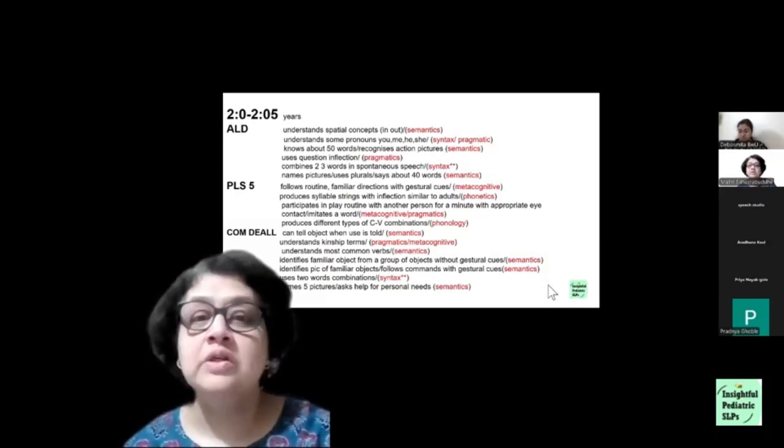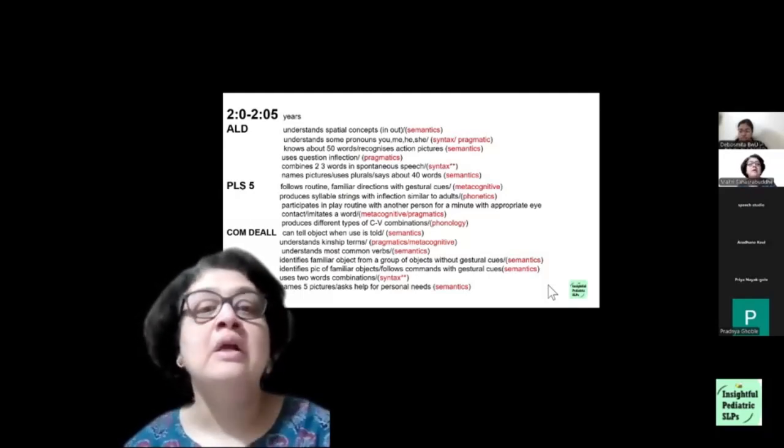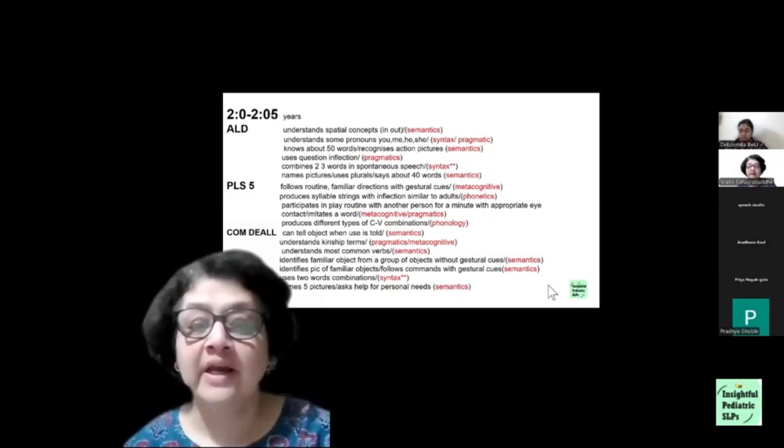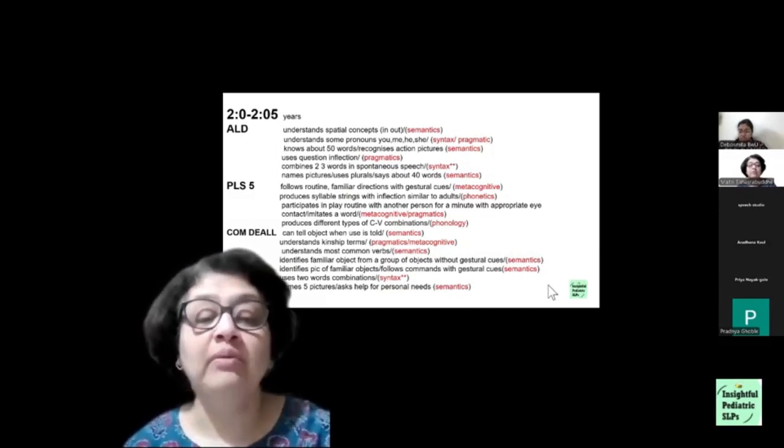Knows about 50 words, goes in semantics. Uses the question inflection, goes in pragmatics. Combines 2 to 3 words, spontaneous speech. Though it is syntax here, and I put two asterisks, it actually is to connect or give me more information.